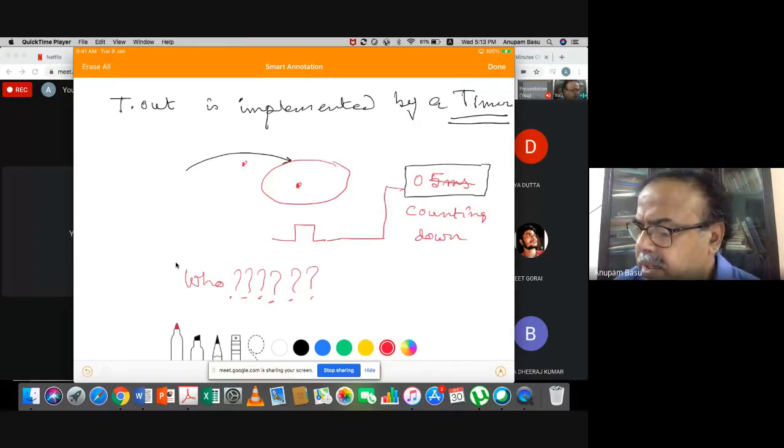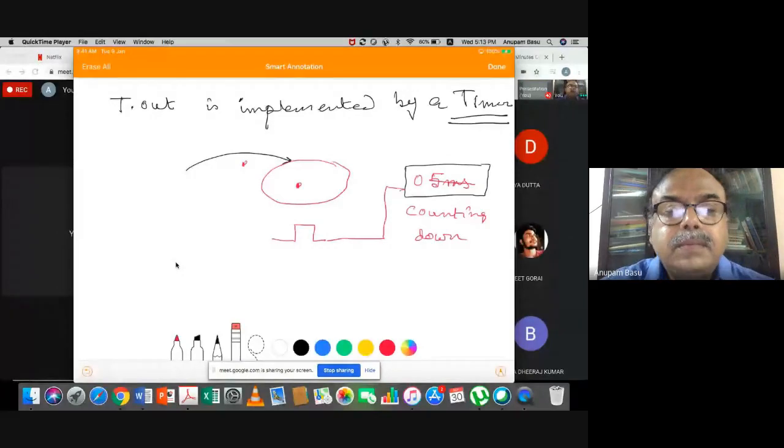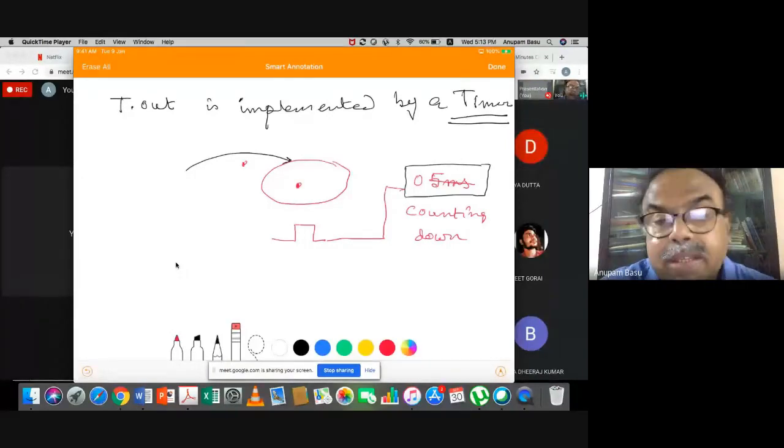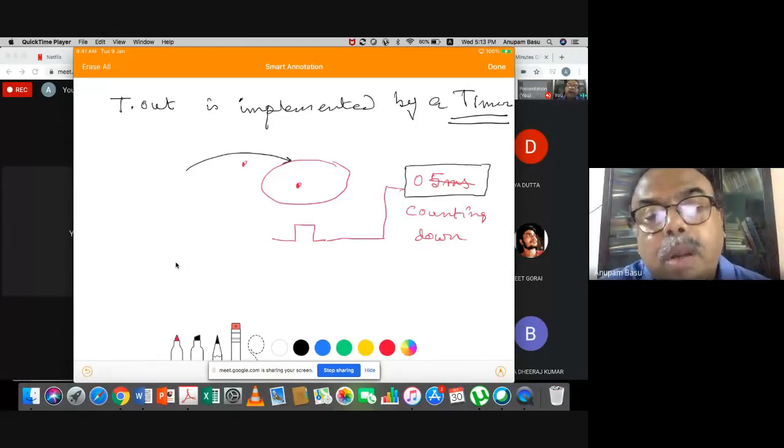Now the OS is software. So how can it take a decision? In order to take a decision, the OS will have to execute. Am I right? And where can a program execute?